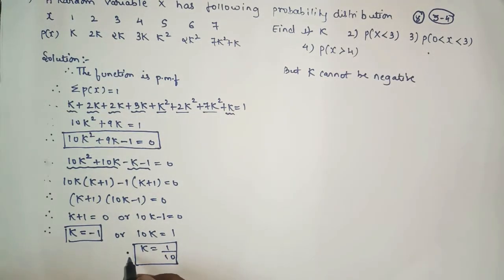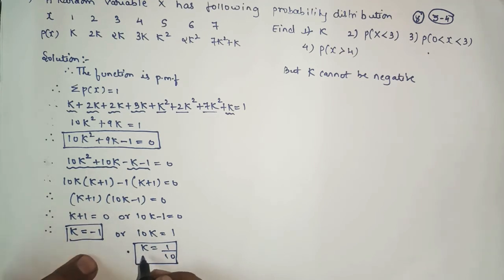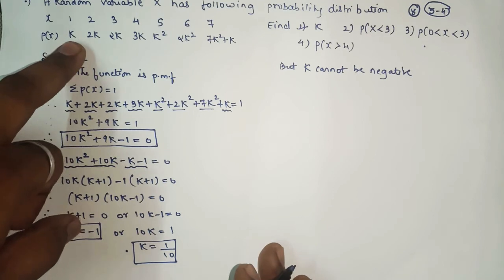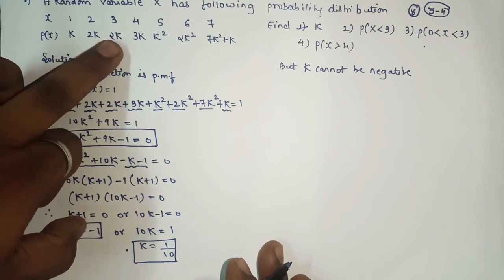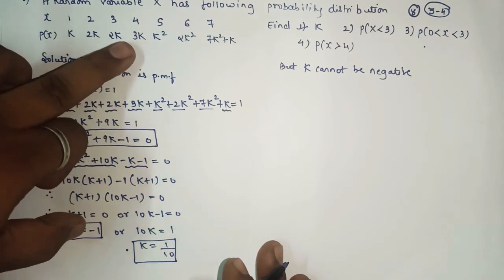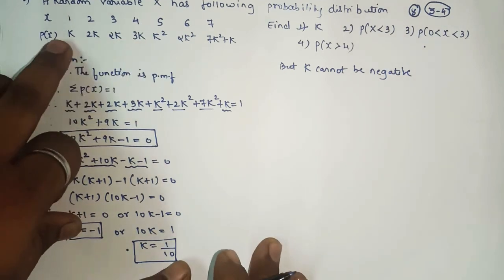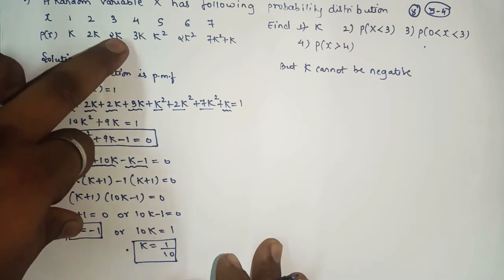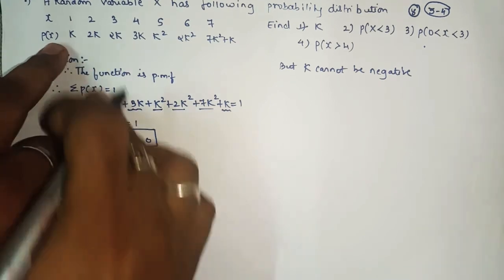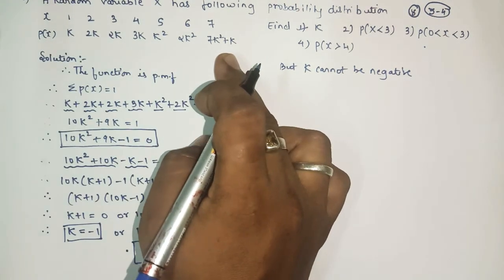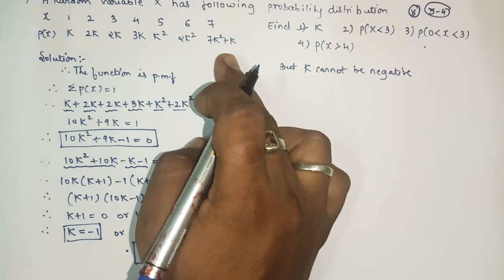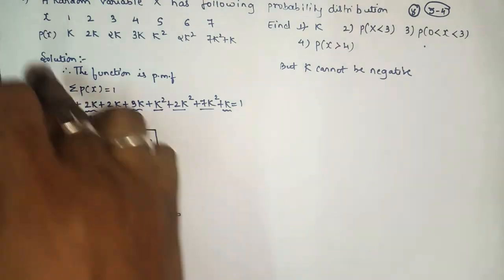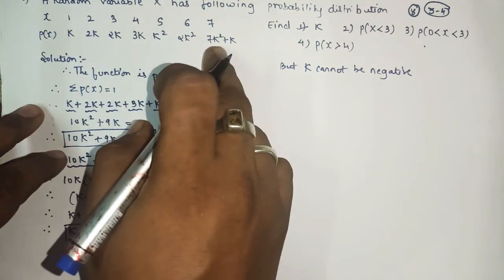Yes, this value satisfies. Why? If we replace the value of k by 1 by 10, this will be 2 by 10, this will be 2 by 10, this will be 3 by 10, and so on. So whatever answer you get, like 1 by 10, it will be 0.1, 2 by 10, 0.2. So the p of x value lies between 0 and 1.